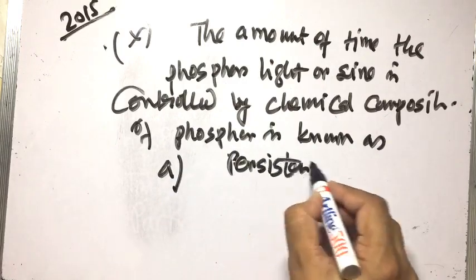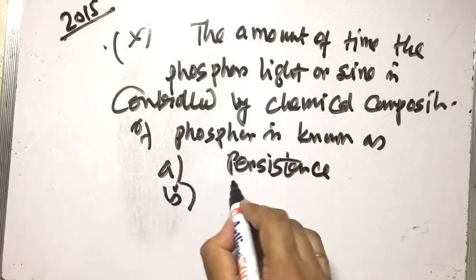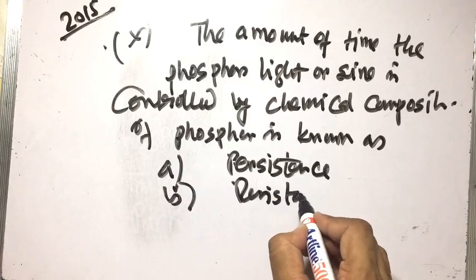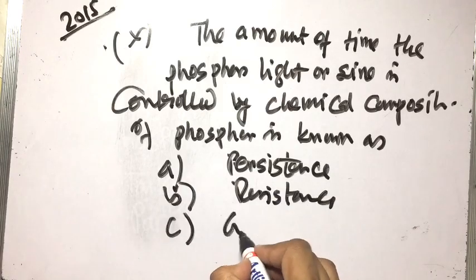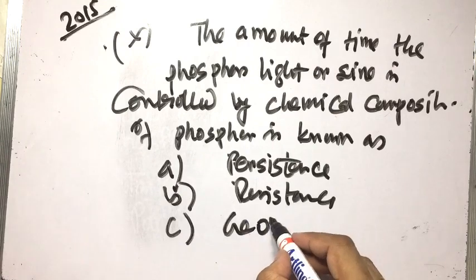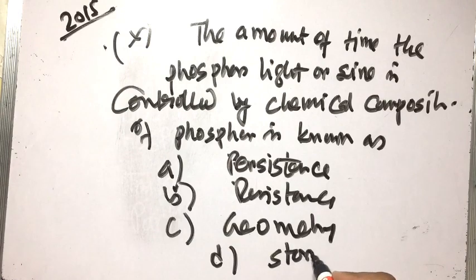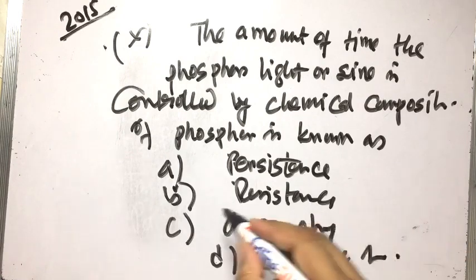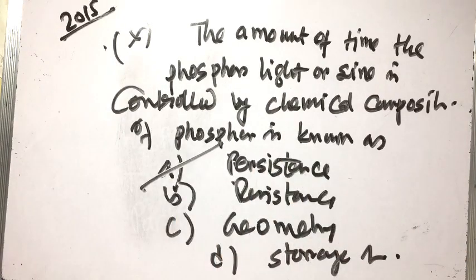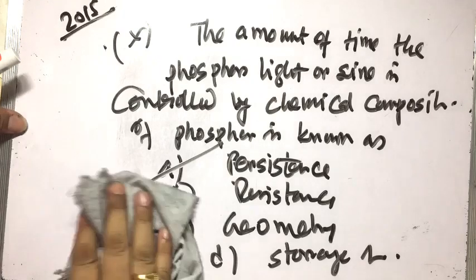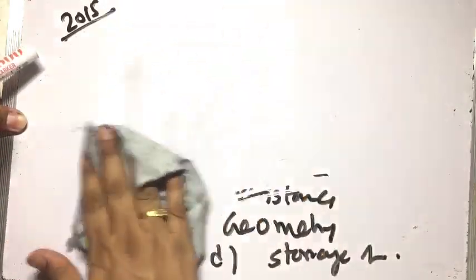Yes, persistence is the right answer. Option B, resistance. No. Option C, geometry. Option D, storage system. No. Persistence is the right answer. It is the amount of time the phosphor shines, controlled by its chemical composition.